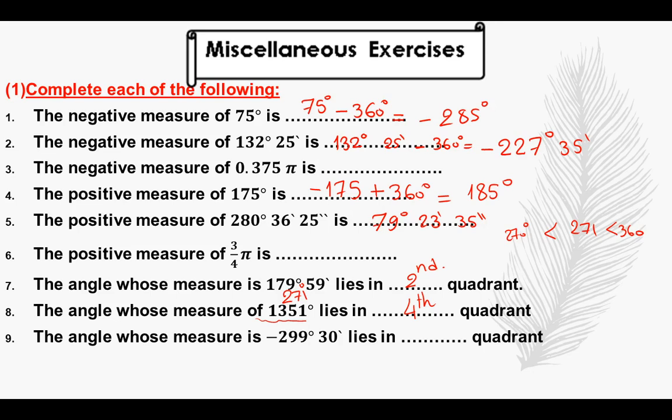This angle is equivalent to 60 degrees and 30 minutes. So the angle whose measure is negative 299 degrees and 30 minutes lies in the first quadrant.